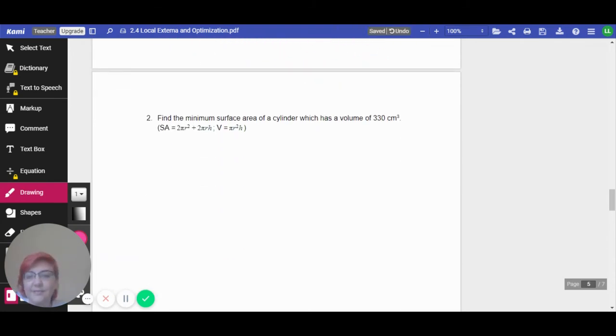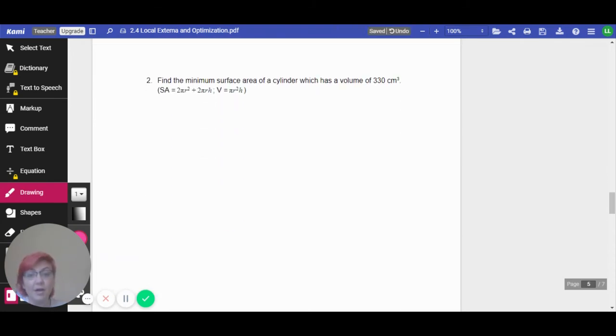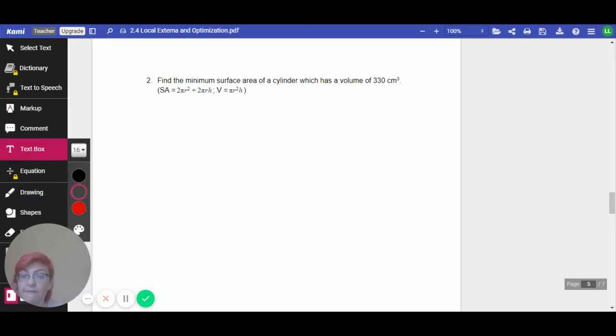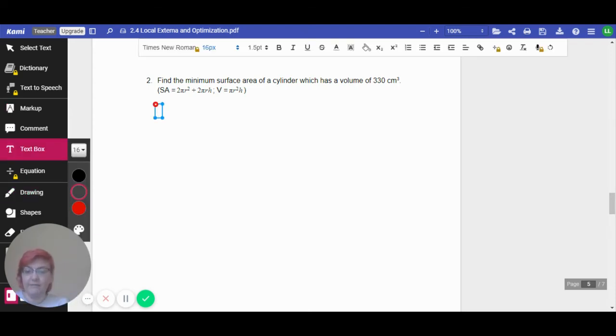All right, find the minimum surface area of a cylinder which has a volume of 330 centimeters cubed. All right, I want the minimum surface area. And I do have a constraint here. But first, let's see. I need my variables.